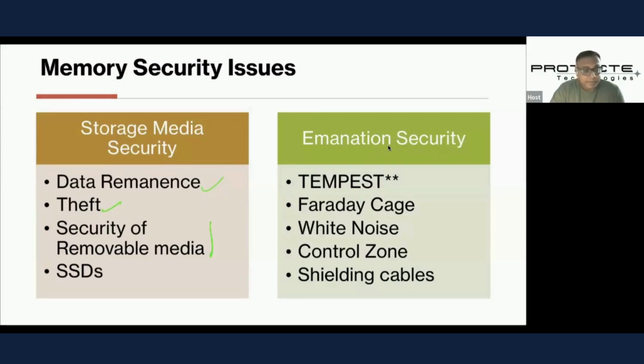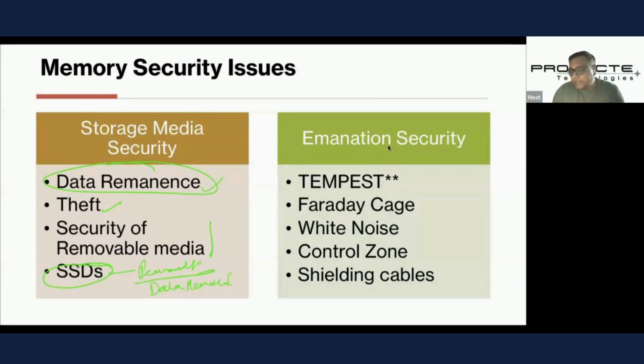These days, a lot of electronic trash is being generated. So if you have some critical data, you have to ensure that there are no data remnants from your side. SSDs are known for having permanent data remnants. So the only way you can get rid of data remnants from SSDs is basically to destroy them physically.